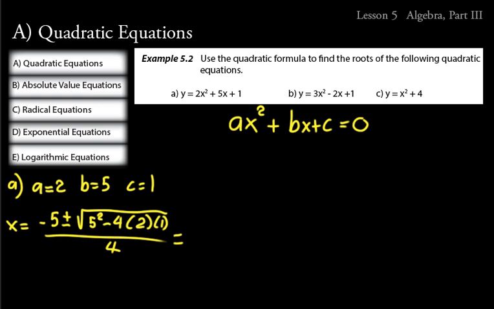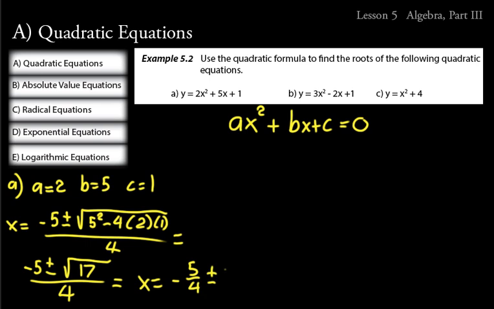So that's equal to minus 5 plus or minus the square root of 25 minus 8, that's 17, all over 4. And so normally we break this up into two parts. X equals minus 5/4, and then the plus or minus part, plus or minus the square root of 17 over 4.